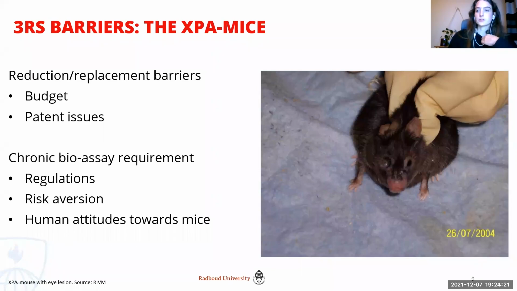But more interesting, I think, for us now is the idea of the mouse chronic bioassay requirement in the first place, because already when they were starting the search for an alternative, people in industry were saying, but we don't even need a chronic bioassay in the first place, because it doesn't give us any relevant information in most cases on top of other tests that are already being conducted.